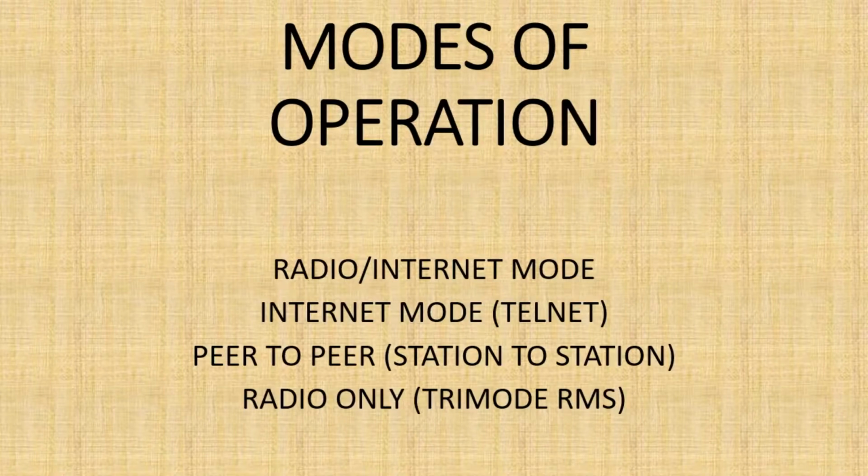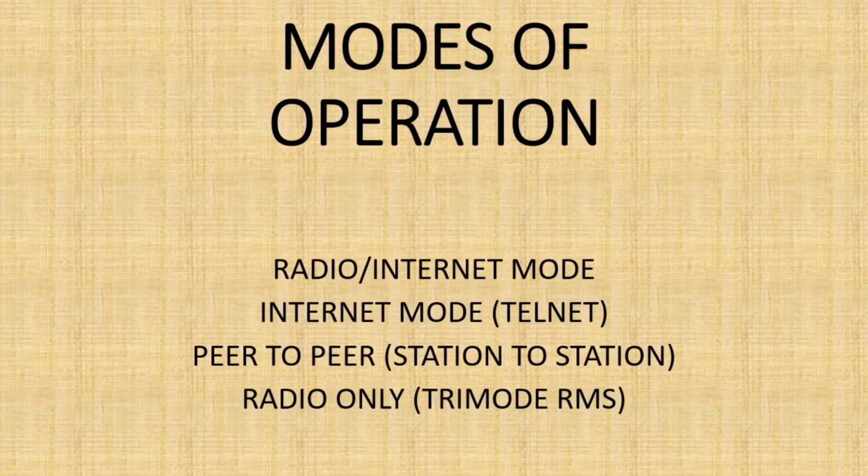Okay, the modes of operation. You can have a radio mode or an internet mode, and everyone can operate the internet mode whether you have a radio or not. The internet is a telnet client, which is built into the software. It's not the same as the telnet of the computer side, but it's functionally equivalent.